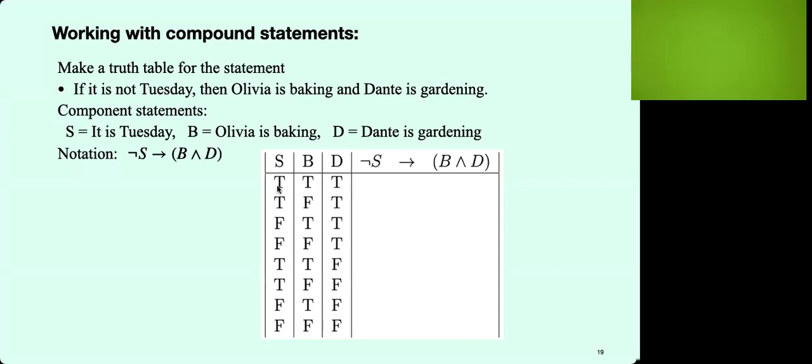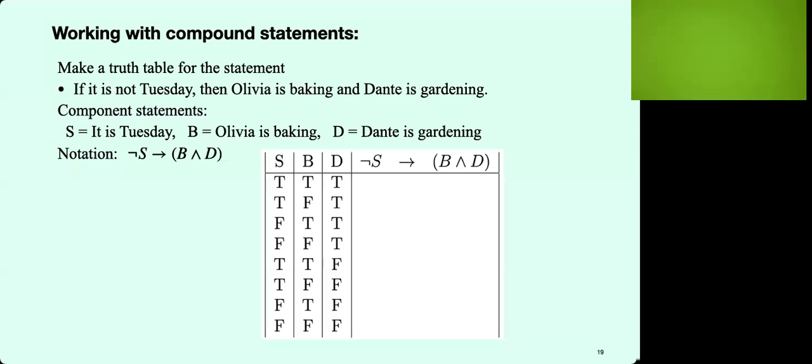So you'll notice that I have true, true, true; true, false, true; false, true, true; false, false, true; true, true, false; true, false, false; false, true, false; and false, false, false. Those are the 8 possibilities for the true and false values of S, B, and D.